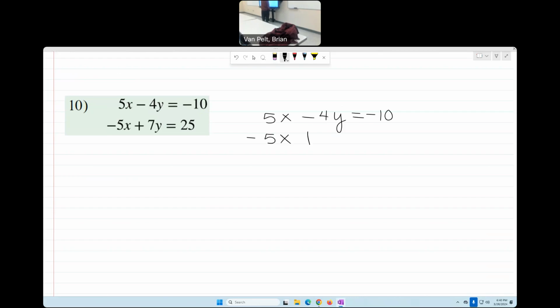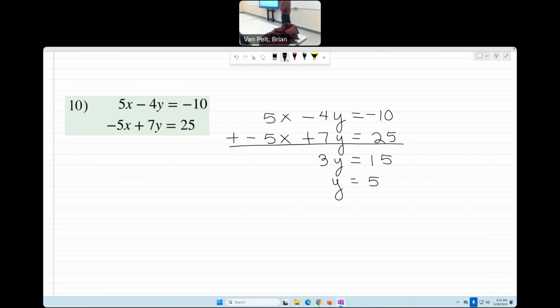Take the gifts where you get them. If I just add together, the x's are gone. I get 3y equals 15. So y equals 5.